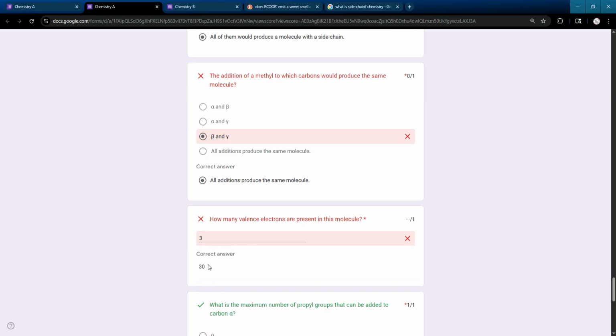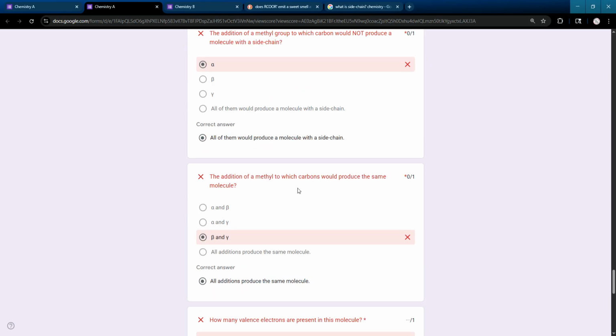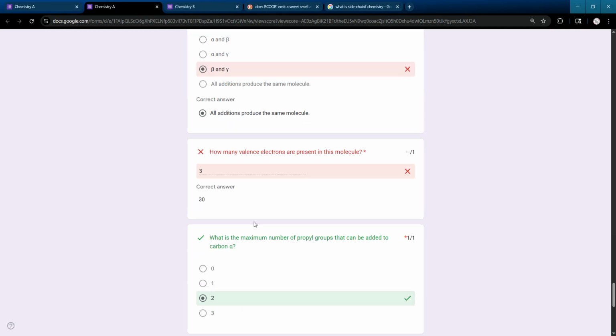Interesting. So I guess the difference is times 10, so maybe each molecule has 10 valence electrons.